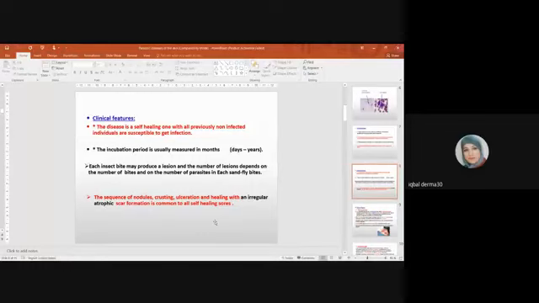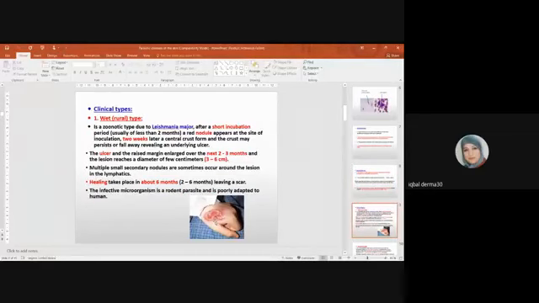The sequence from bites is nodule, ulceration, healing, atrophic scar; all of them end in an atrophic scar. Put in your mind, it is a self-healing disease. The incubation period varies according to the immunity of the patient. Second, the number of lesions depends on the number of bites and microorganisms, and all the sequelae end with atrophic scar.